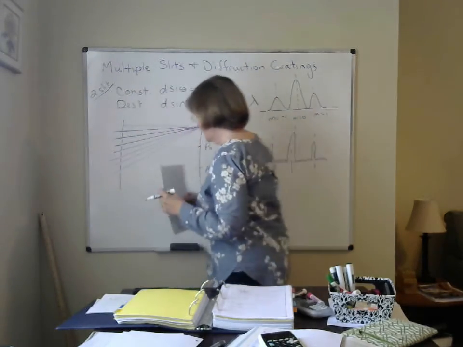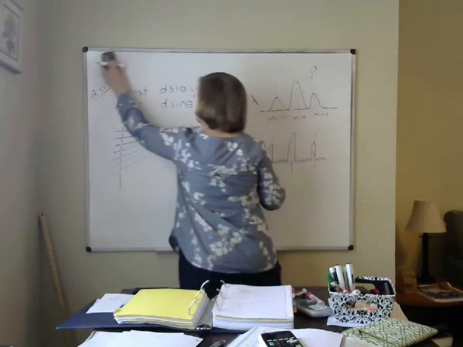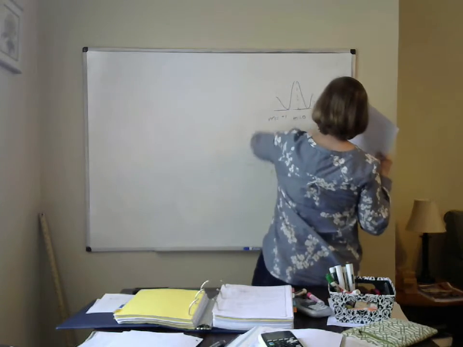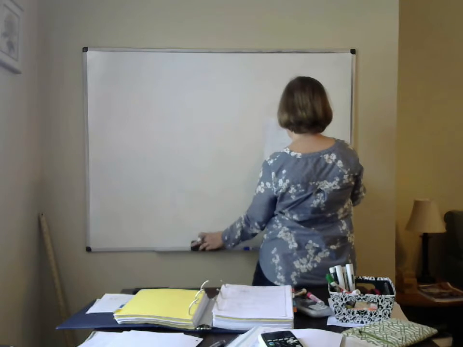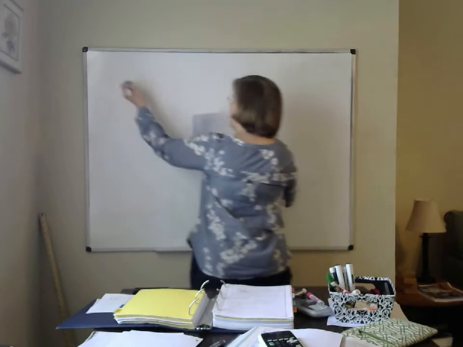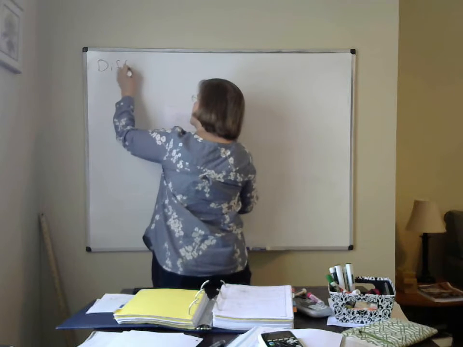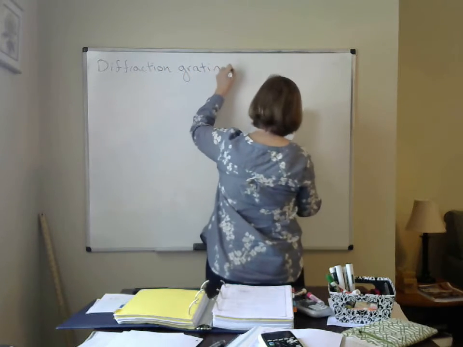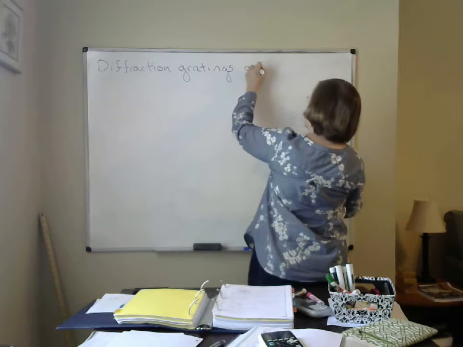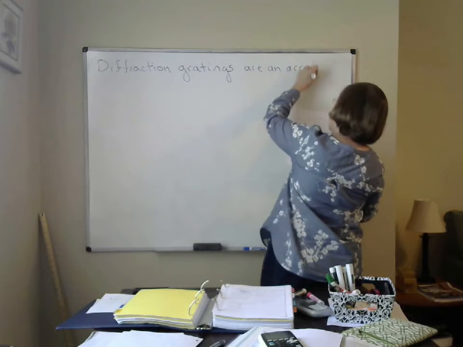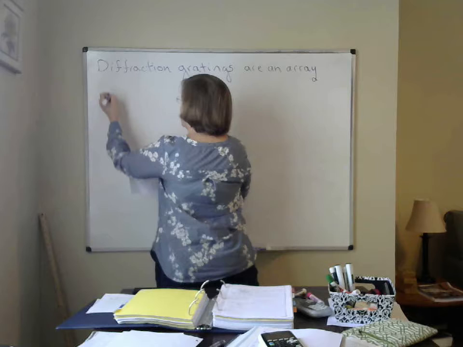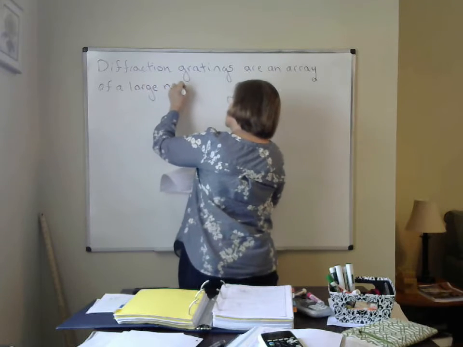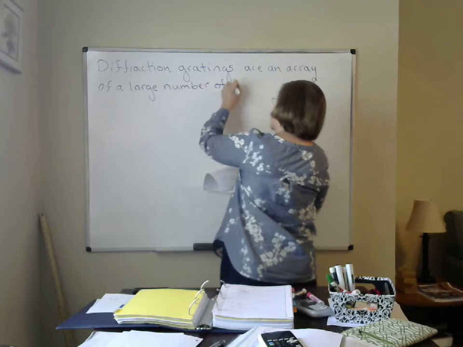Write this down for you. Diffraction gratings are an array of a large number of parallel slits.